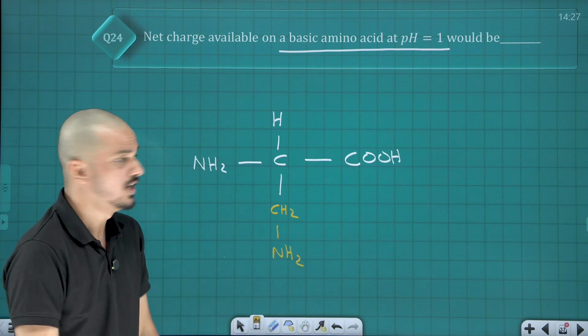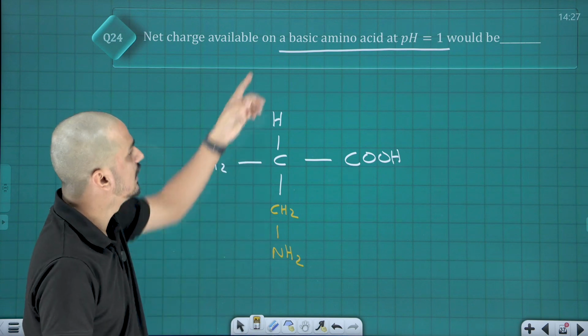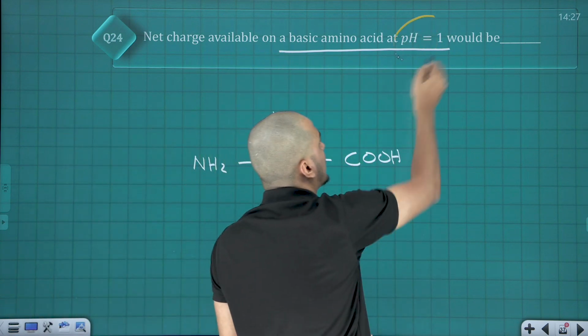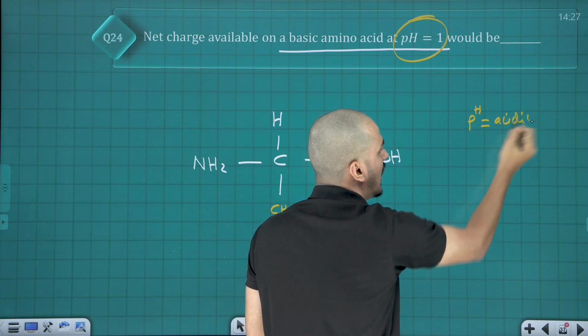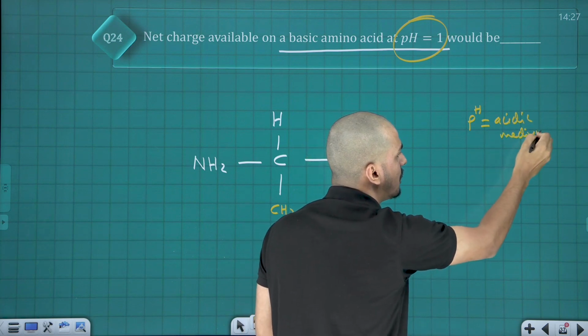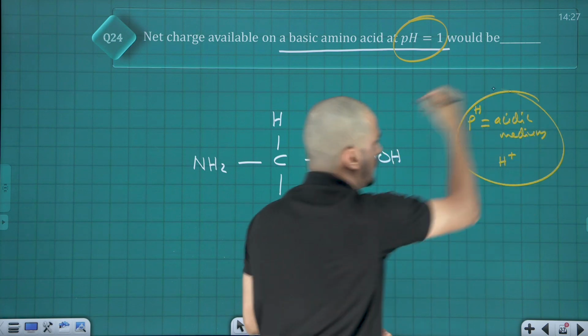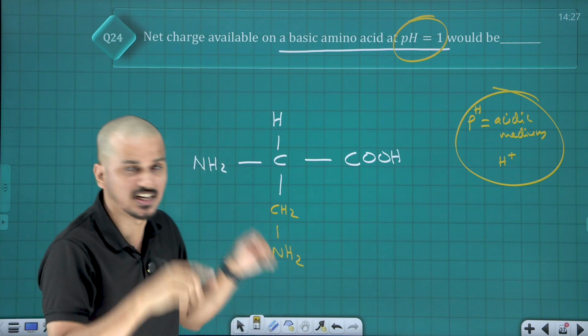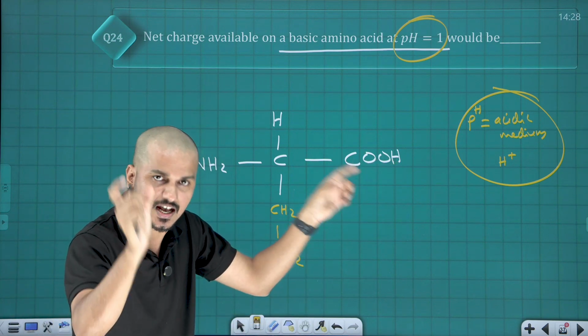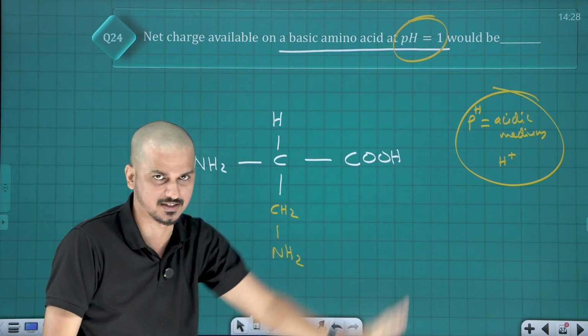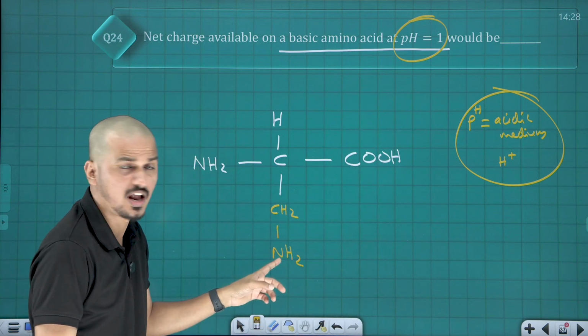That's the concept. Now, they are telling at pH equal to 1, which means acidic medium. Acidic medium means they will provide H plus ion. In acidic medium, the COOH won't dissociate. That will be present as COOH because it won't lose H plus. So what will happen to NH2?